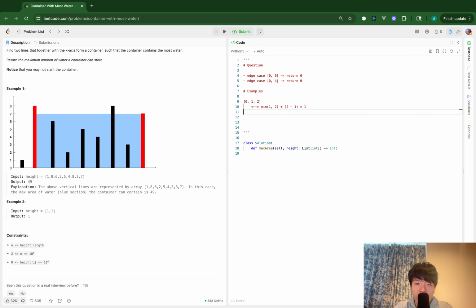And obviously for the other pairs, the amount stored is 0. So in the end, I will return 1.